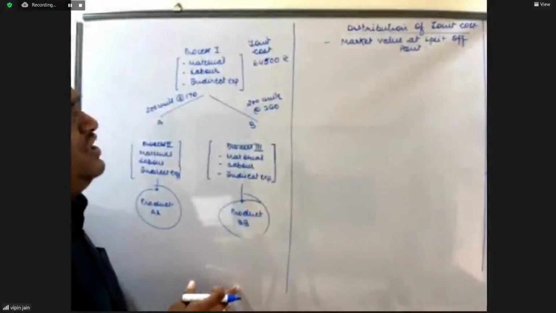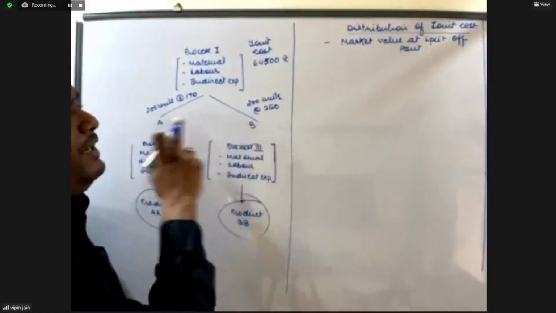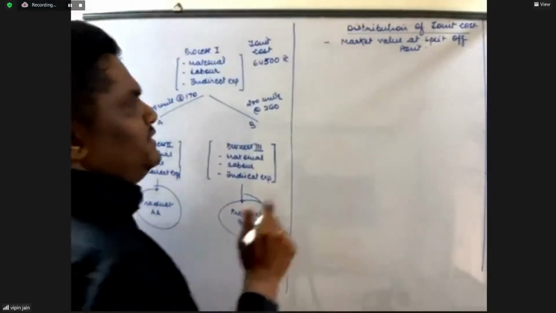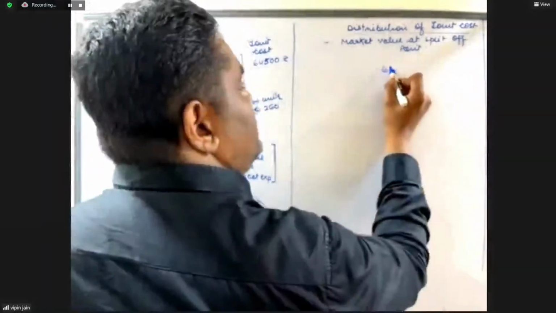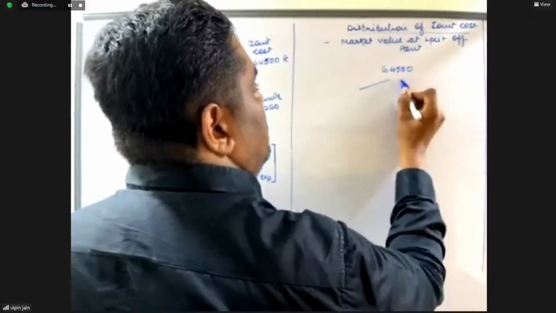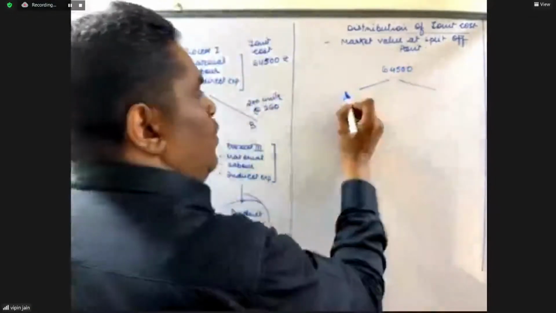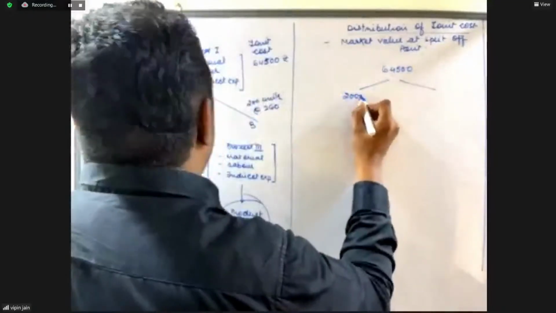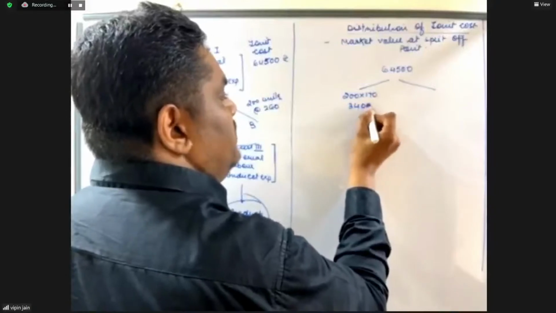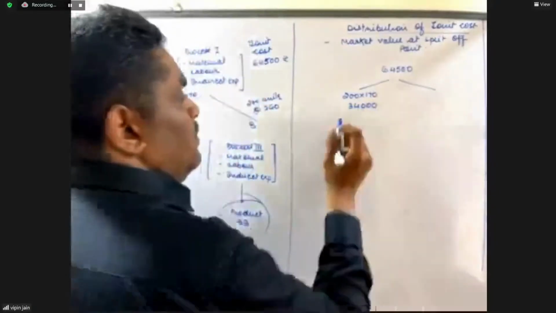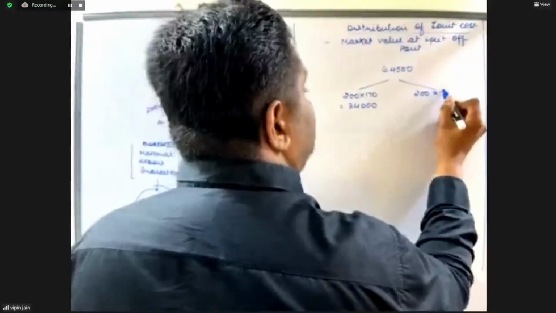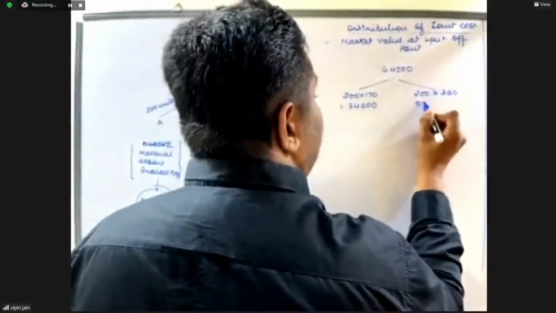So herein in this question, the market value of product A and B is available with us. So herein we will distribute the joint cost as follows. 64,500 is my joint cost. When talking about the market value, 200 into 170, that is 34,000. And 200 into 260, that is 52,000.